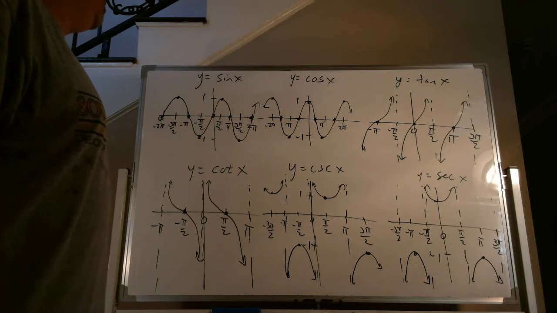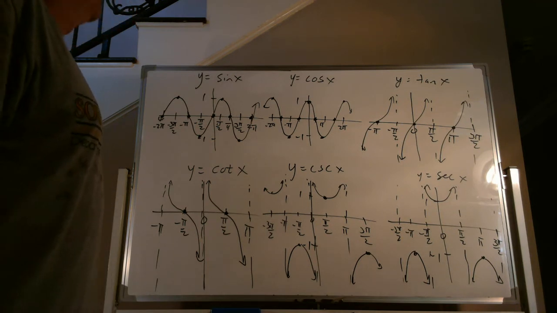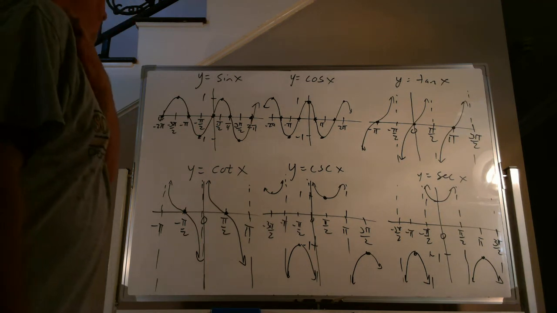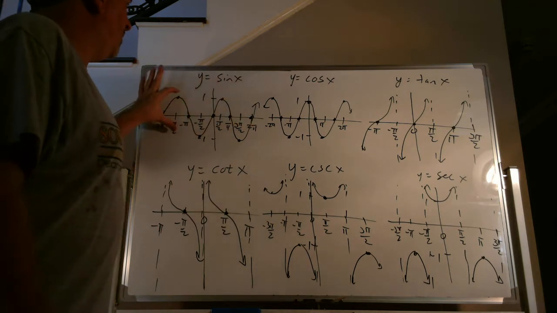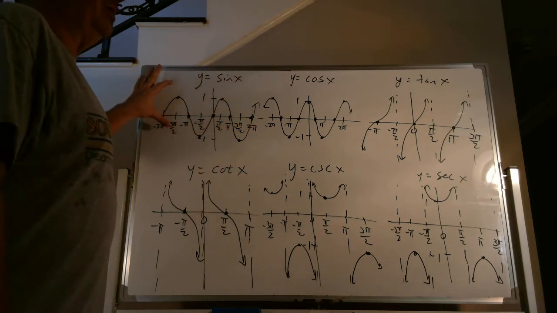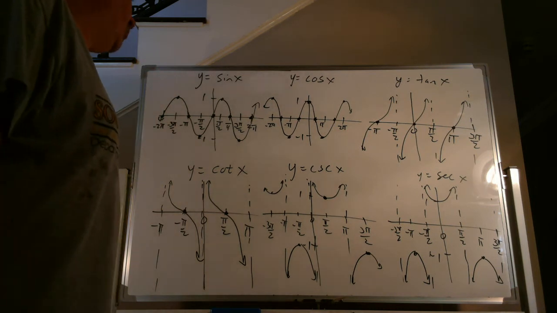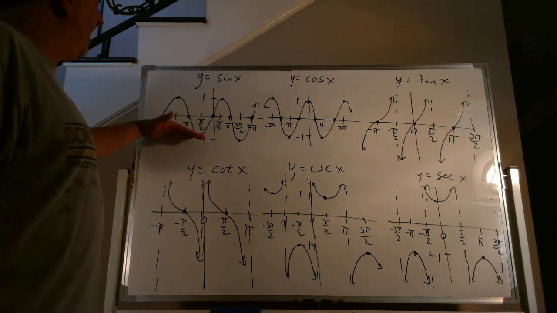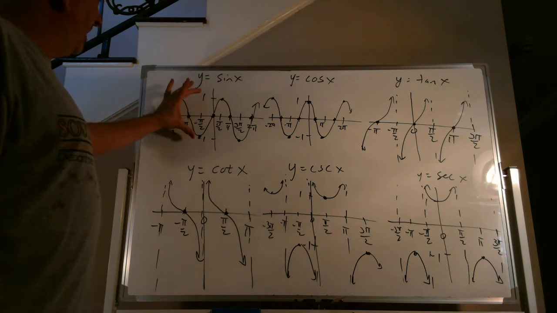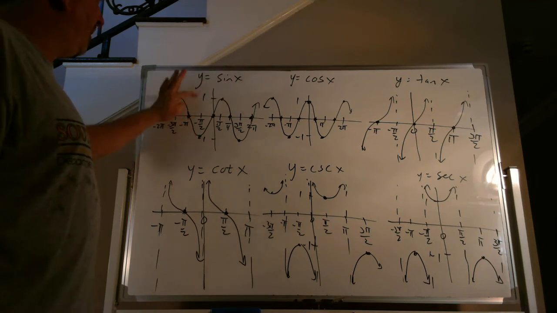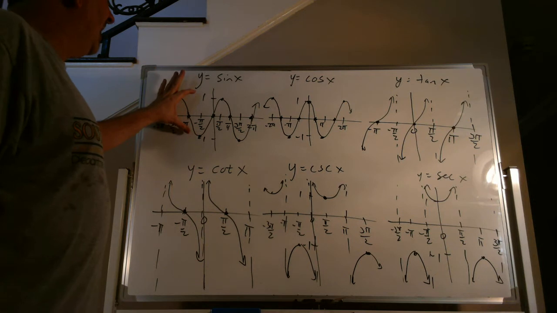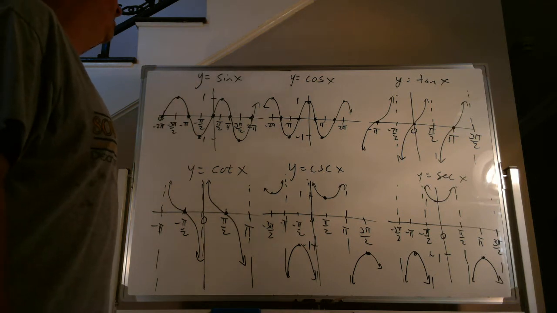So what we do is we restrict the domain. Now what we want to do is take a piece of the graph that will pass the horizontal line test, and has every possible value of the range. So for example, for sine, I want a piece of the graph that contains every value from -1 to 1 for y values and will pass the horizontal line test.